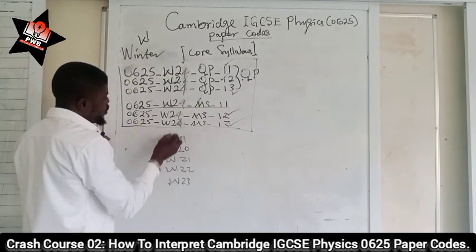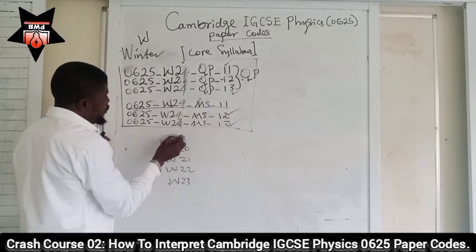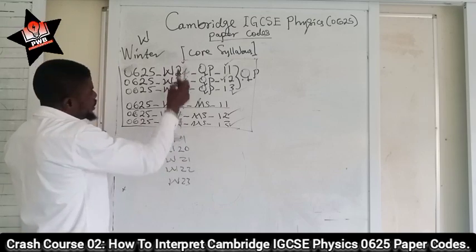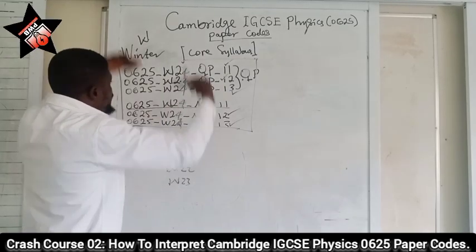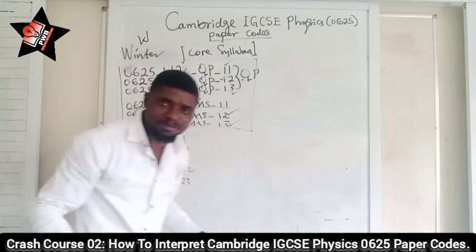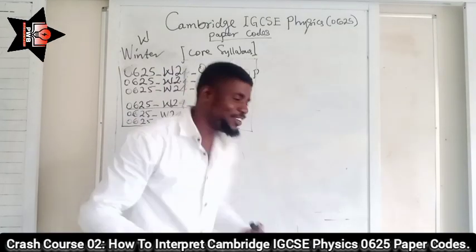You should stop here, W19. You go for the materials that have, look at the middle, the winter code. You are preparing for this year's winter exams. Can you hear me? Good.